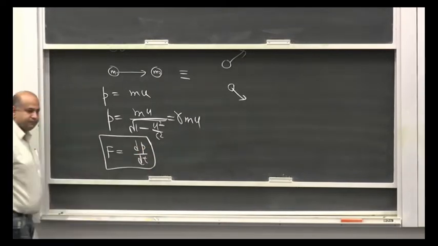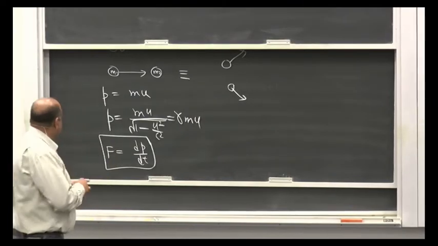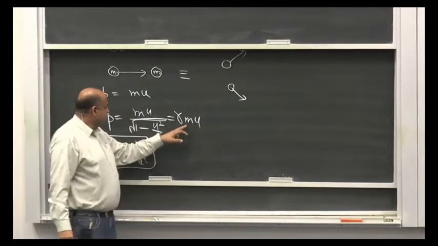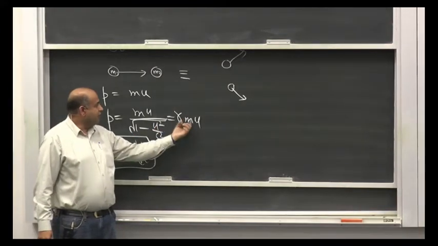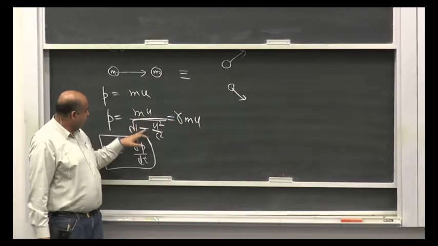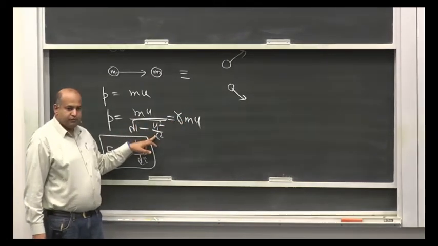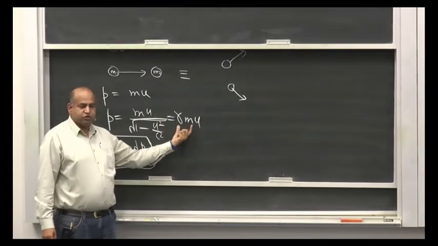Mass is mass. So this u is speed. Nothing is changing. Gamma is 1 over the square root of 1 minus u squared over c squared. If velocity changes, then of course gamma and u both change.